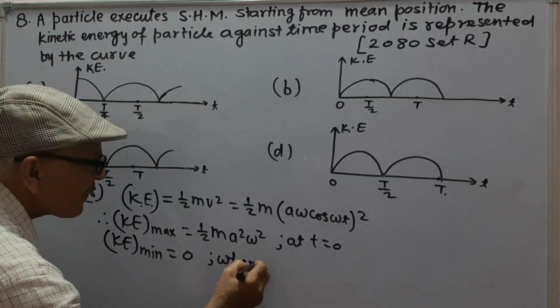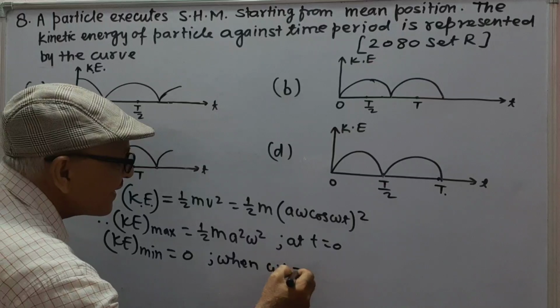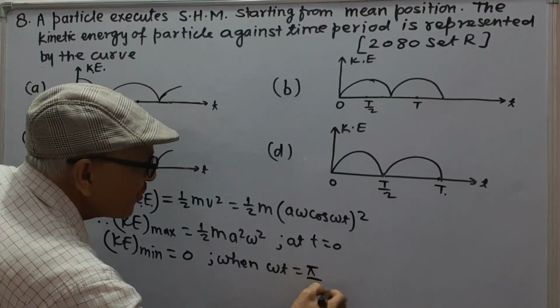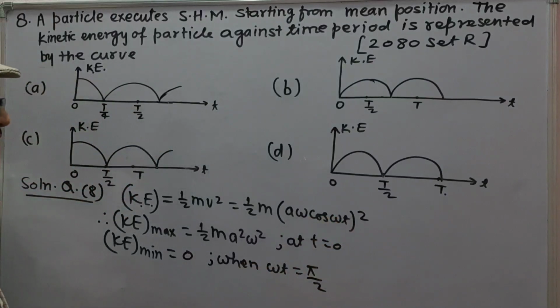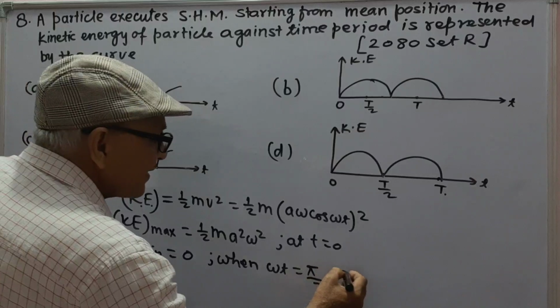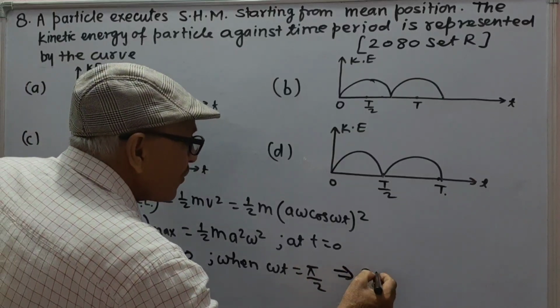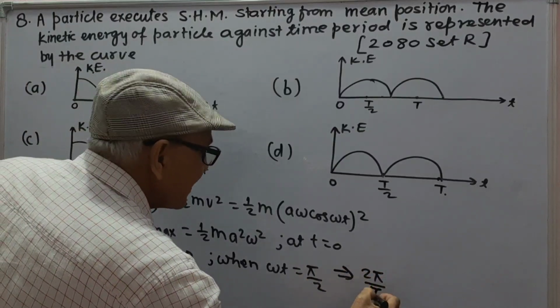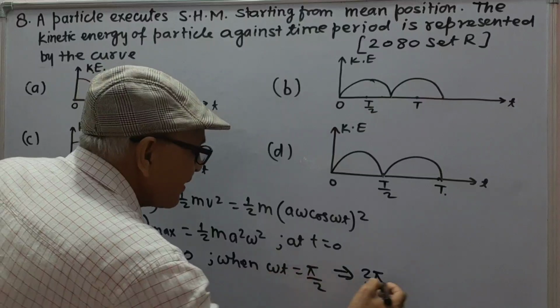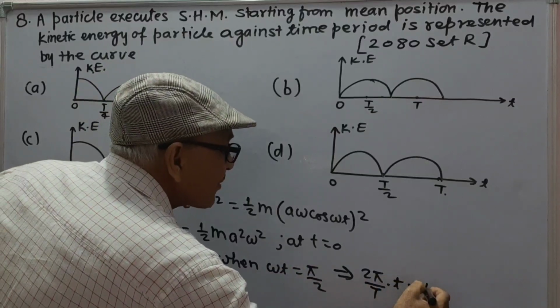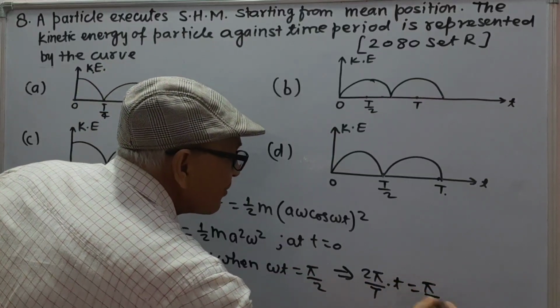when omega t is pi by 2, then cos pi by 2 will be 0. This means that 2 pi by T, which is omega, into t will be equal to pi by 2.